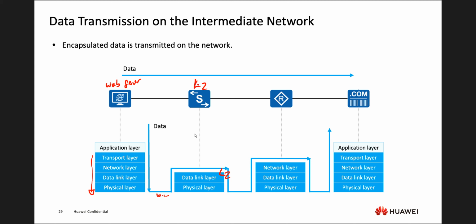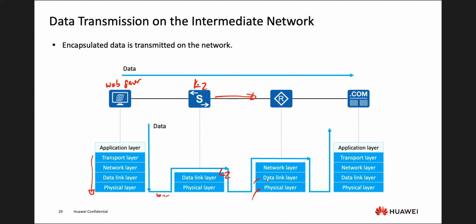So again here, it looks at the source and destination information. And then after it finds out, oh okay, now I know which MAC address it needs to go to, it then sends the information to the router. Now, the router will basically do this whole de-encapsulation again. It will remove the source and destination information.